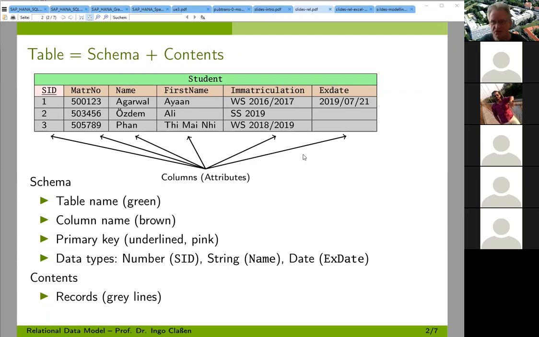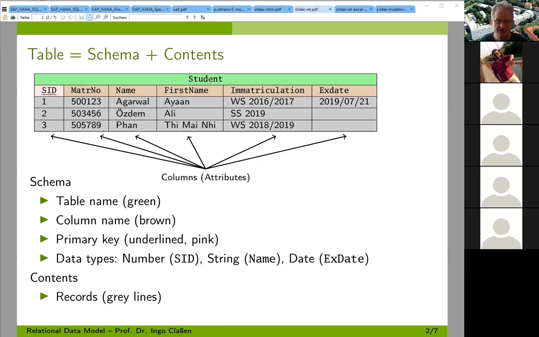But the general idea is that you, for example, should not mix data of different concepts. For example, you have data about students, and you might have data about lectures, and this information should not be mixed within one table, but it is really important that tables concentrate on one singular concept.